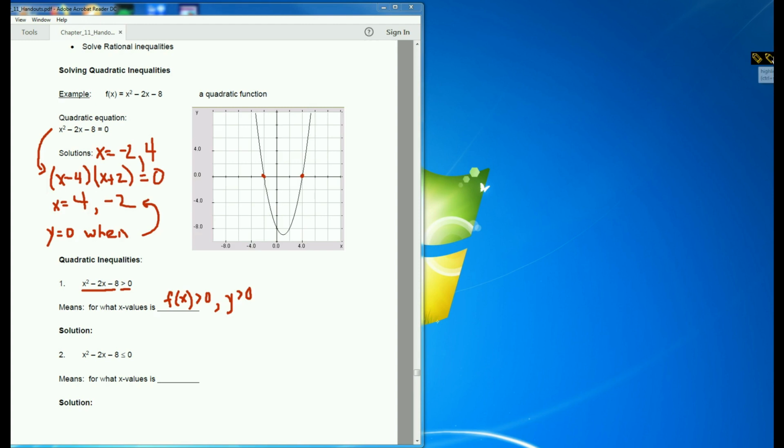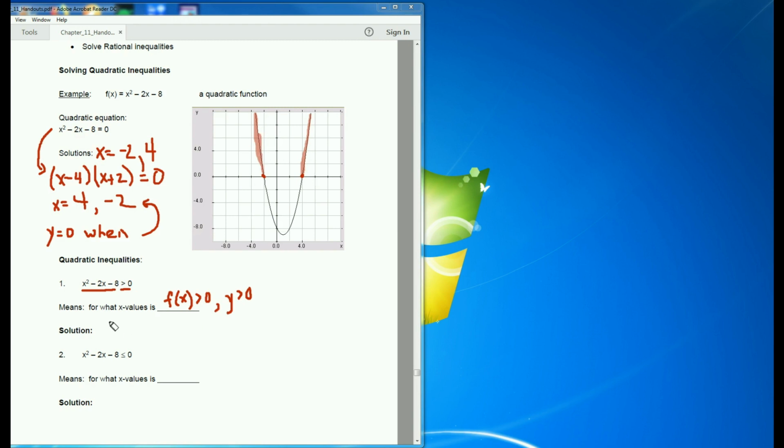Well, here's the origin where both x and y equal 0. Anything north of that, y is greater than 0. So that would be like this part of the graph or this part of the graph. That's where y is greater than 0, up here.